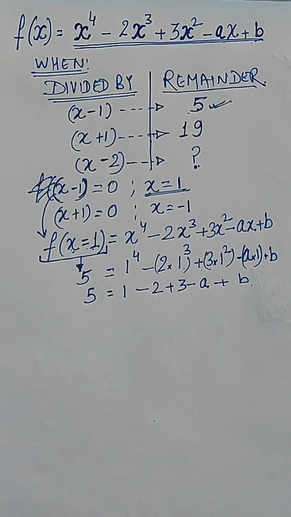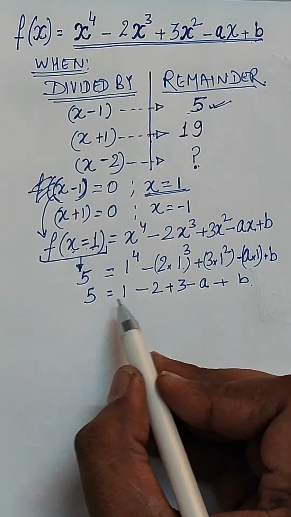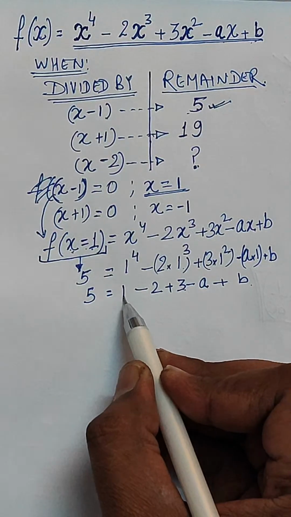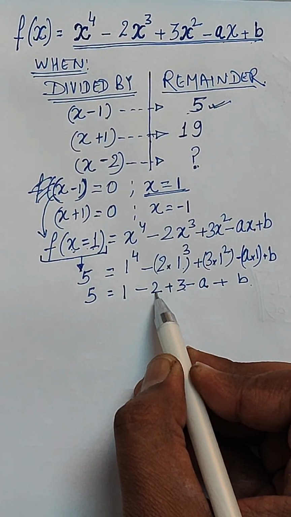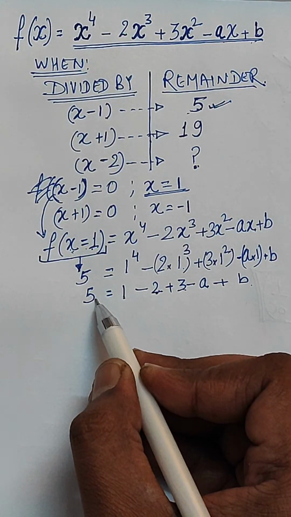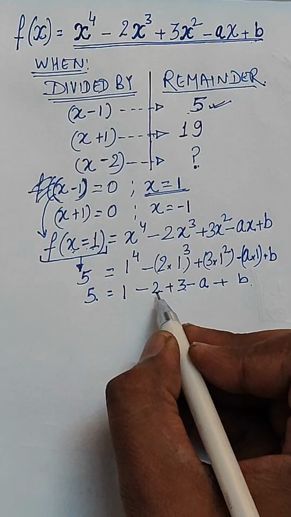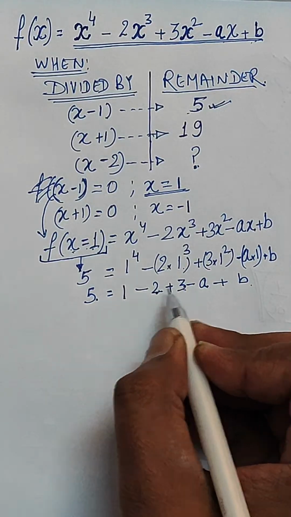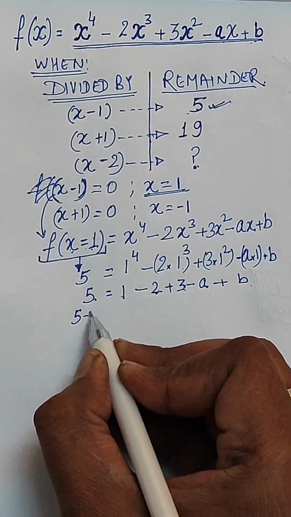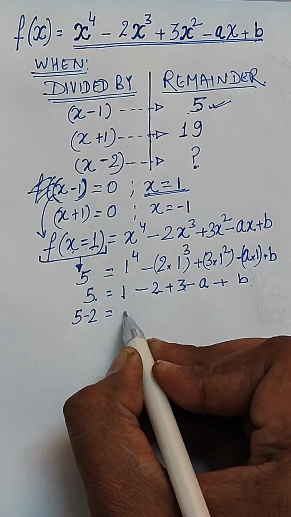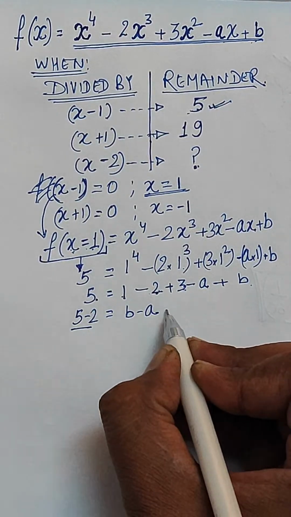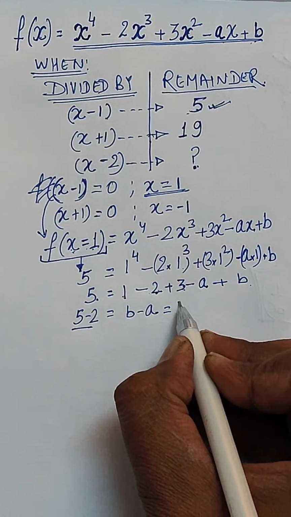When you further solve it, 1 minus 2 plus 3 is 2, so 5 minus 2 is equal to b minus a, and 5 minus 2 is nothing but 3.